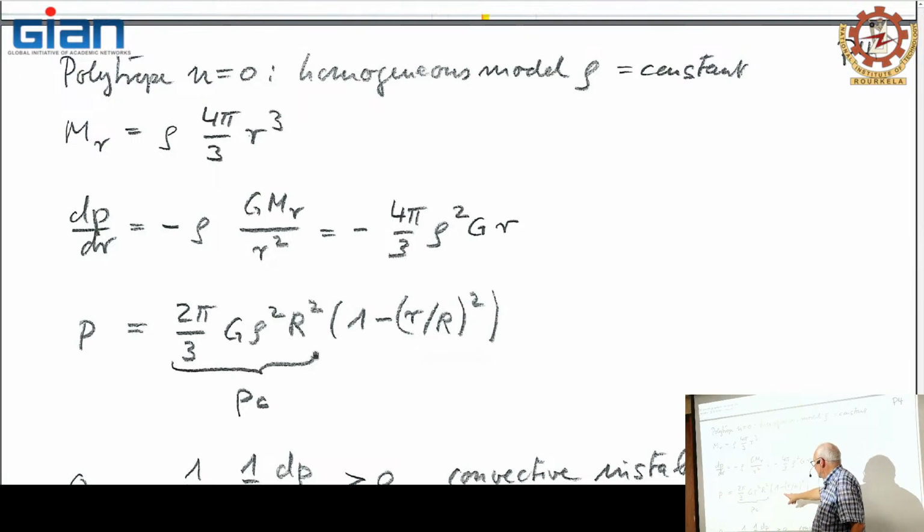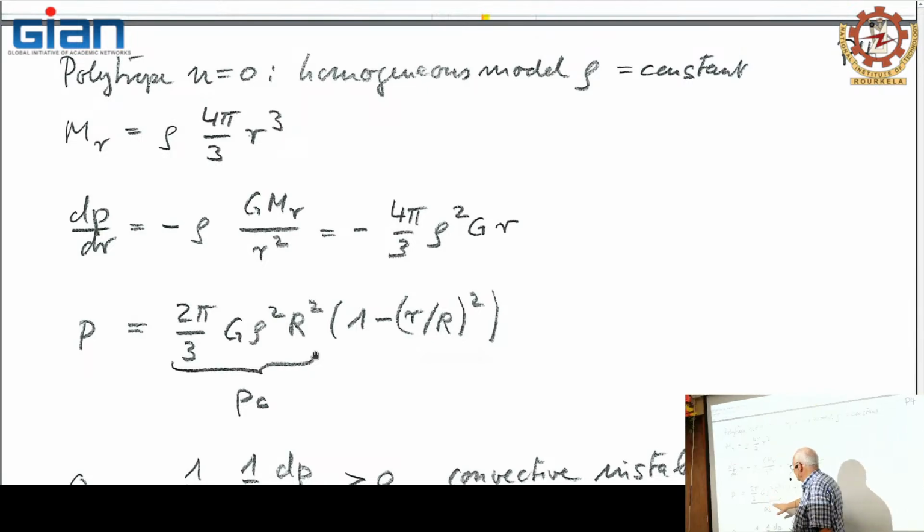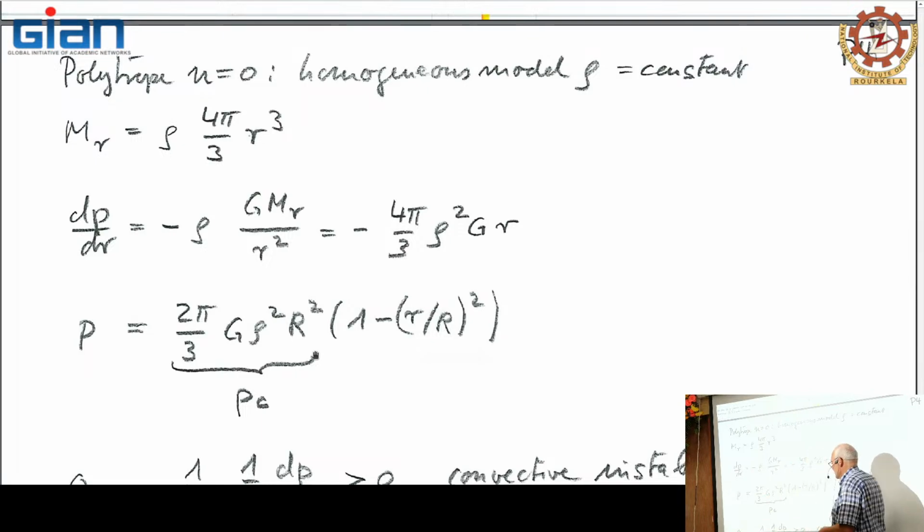Then we have that the pressure is given by 1 minus the relative radius, 1 minus r over the radius of our stellar model, squared, times the central pressure. And the central pressure is given by the density of our polytrope times the gravity, essentially.